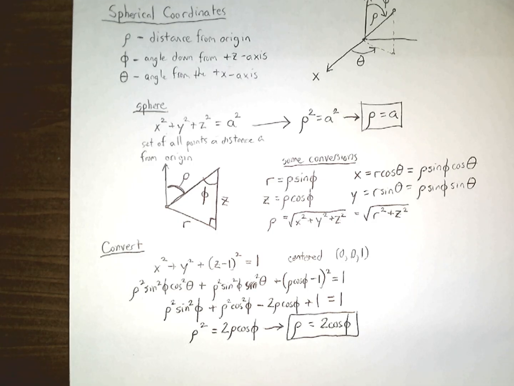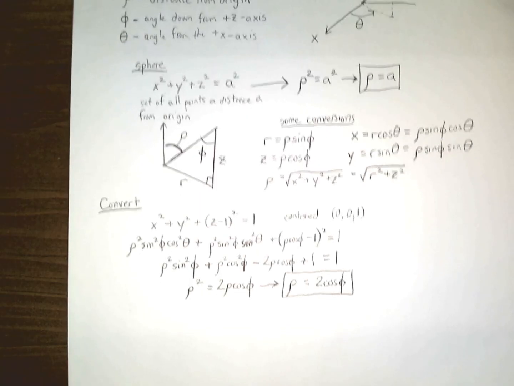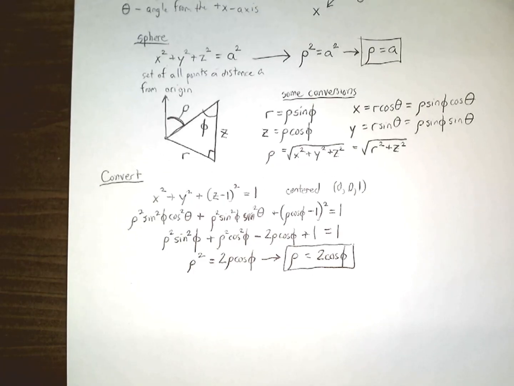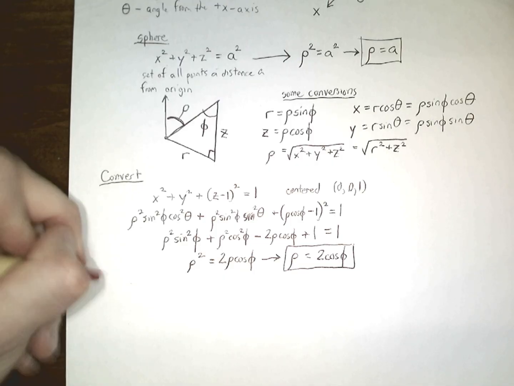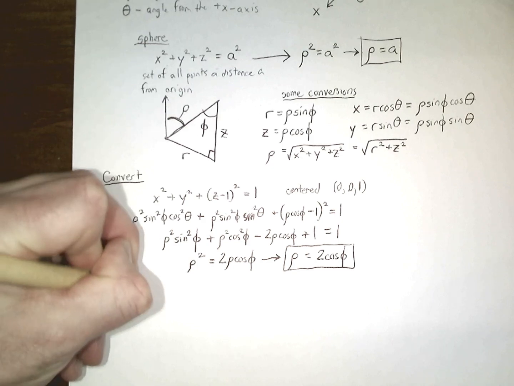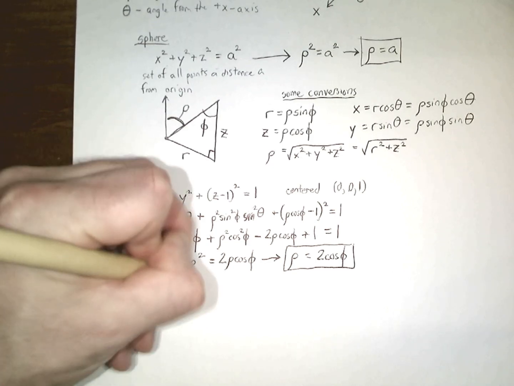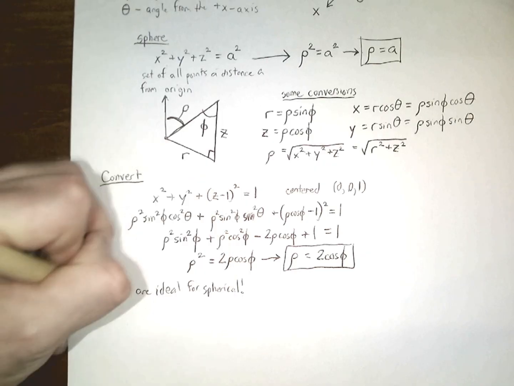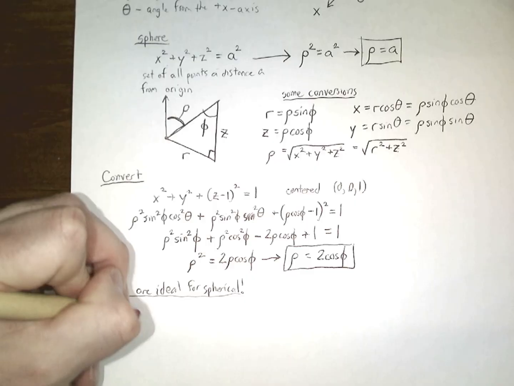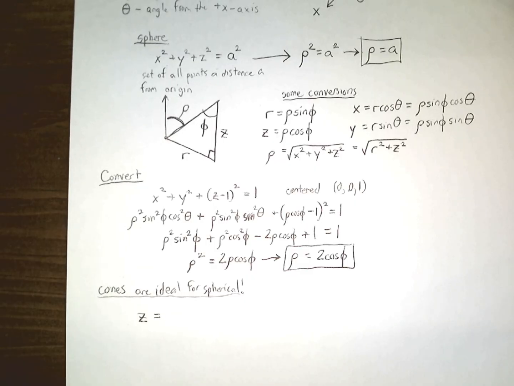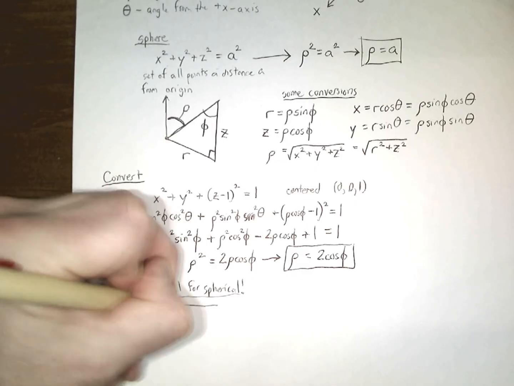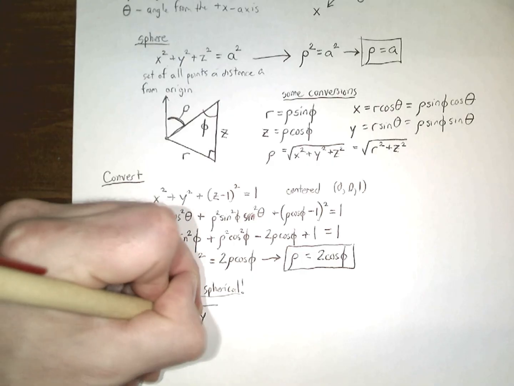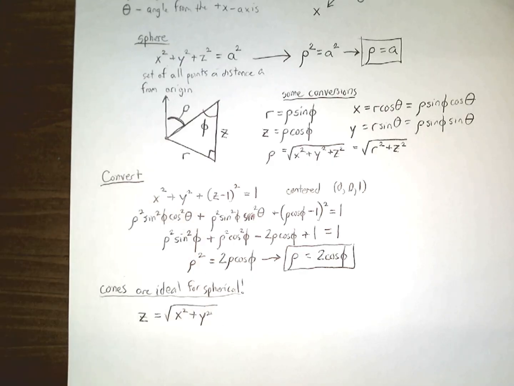Last thing to take a look at, well, two things really. One is that spheres are obviously a really nice thing to measure with spherical coordinates, but it turns out that cones are ideal for spherical. In Cartesian coordinates, a cone is described as a function z is equal to the square root of x squared plus y squared.